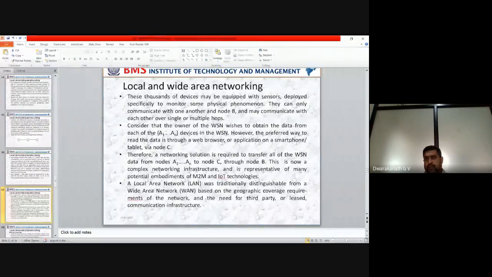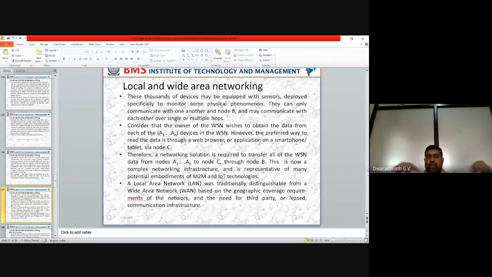Now, these thousands of devices may be equipped with sensors deployed specifically to monitor some physical phenomena. Underline this. As I told you, all A1 to AN are equipped with sensors. These are the sink nodes equipped with plenty of sensors deployed in a physical phenomenon.